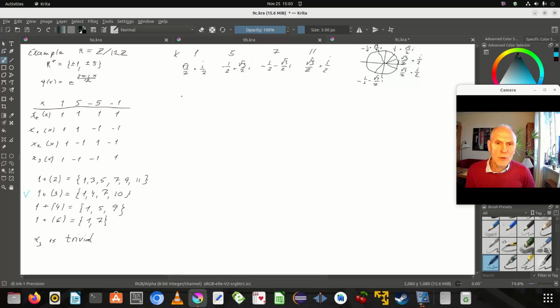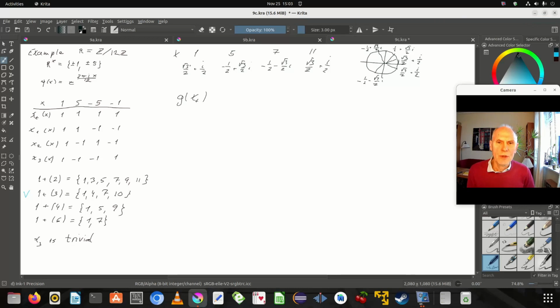All right, we're ready to do the characters. The Gauss sum of the trivial character is the sum of them. And of course, we can disregard the imaginary parts. They add up to naught.